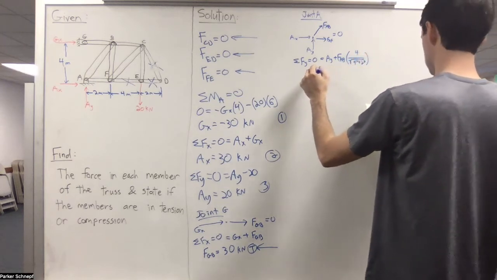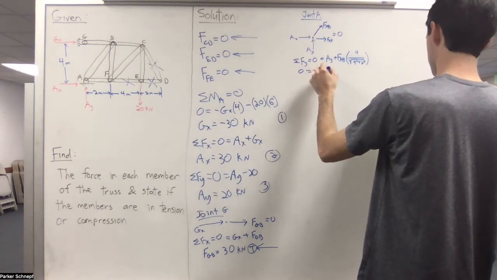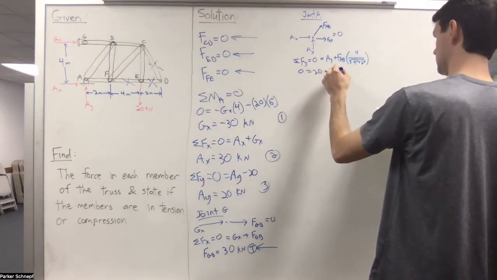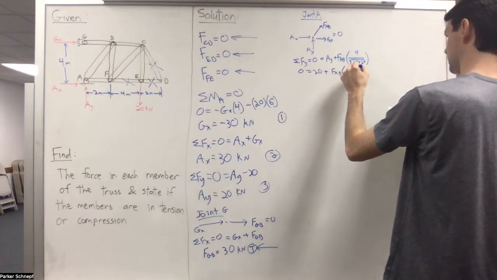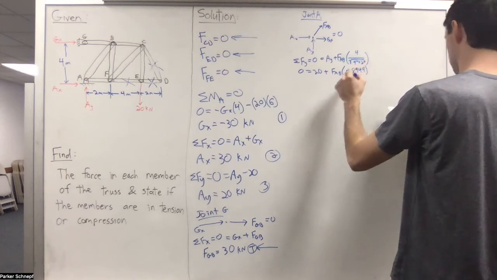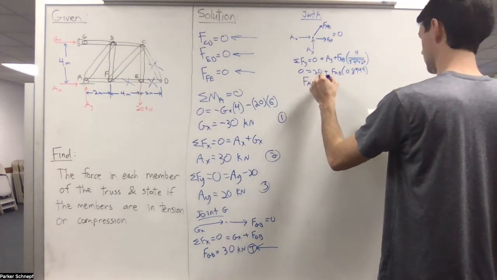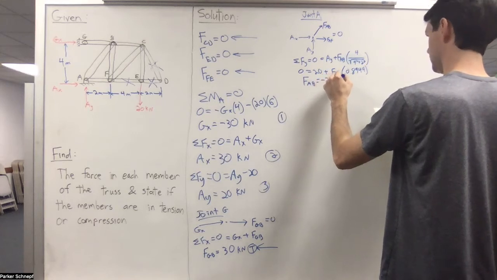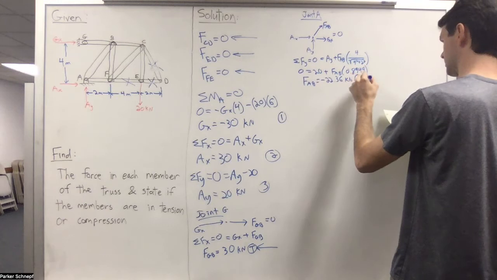Which ends up getting me 0 equals 20 plus FAB times 0.8944. And FAB equals negative 22.36 kilonewtons. It's a negative, so it has to be in compression.